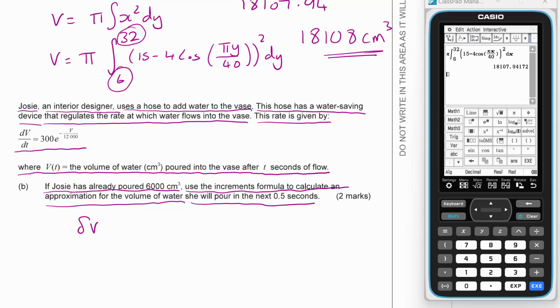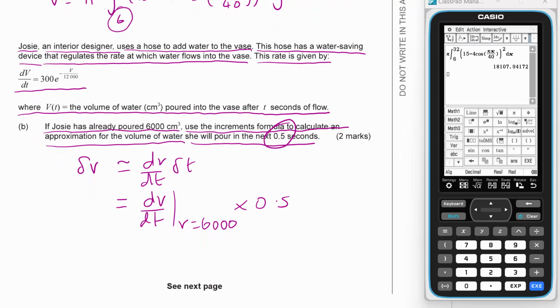So we can use delta V is approximately dV/dt times delta t, and delta t is 0.5, so that's going to be equal to dV/dt evaluated when V is 6,000 multiplied by 0.5. So here's our dV/dt. That is going to be 300 e to the negative 6,000 over 12,000, multiplied by 0.5.